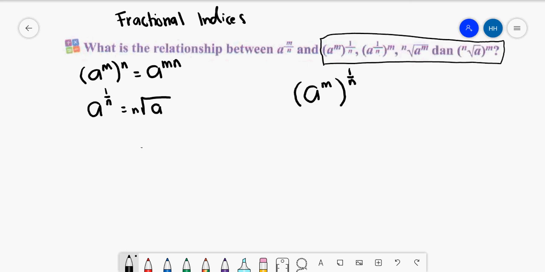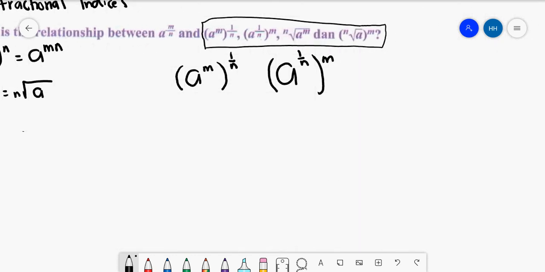Then we also have a to the power of 1 over n, to the power of m. Then we have the nth root of a to the power of m, and the last one is the bracket nth root of a, then to the power of m. So we have 4 forms here.